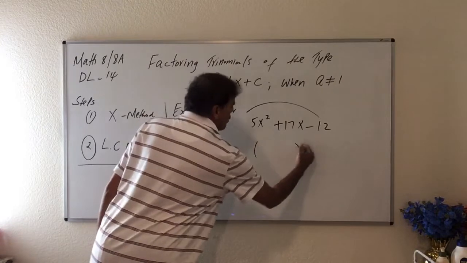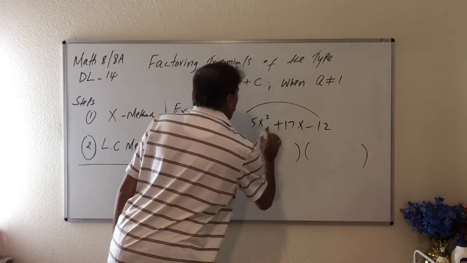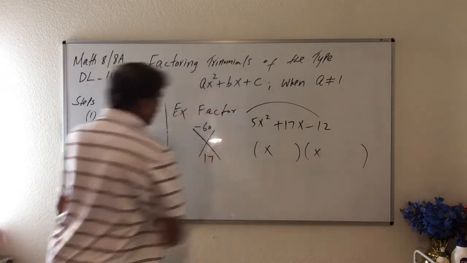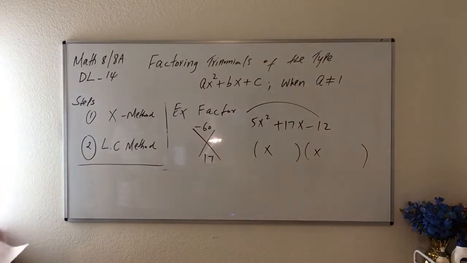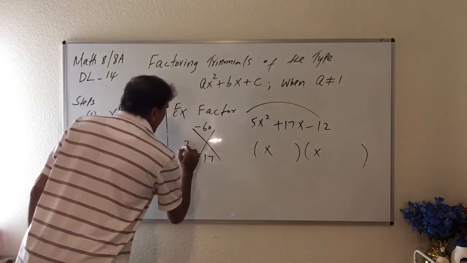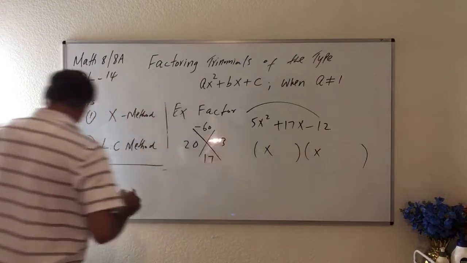So now write the two parentheses right here. Then x times x is x squared. Now you start thinking what the best factors are going to be. 20 times 3 is 60.